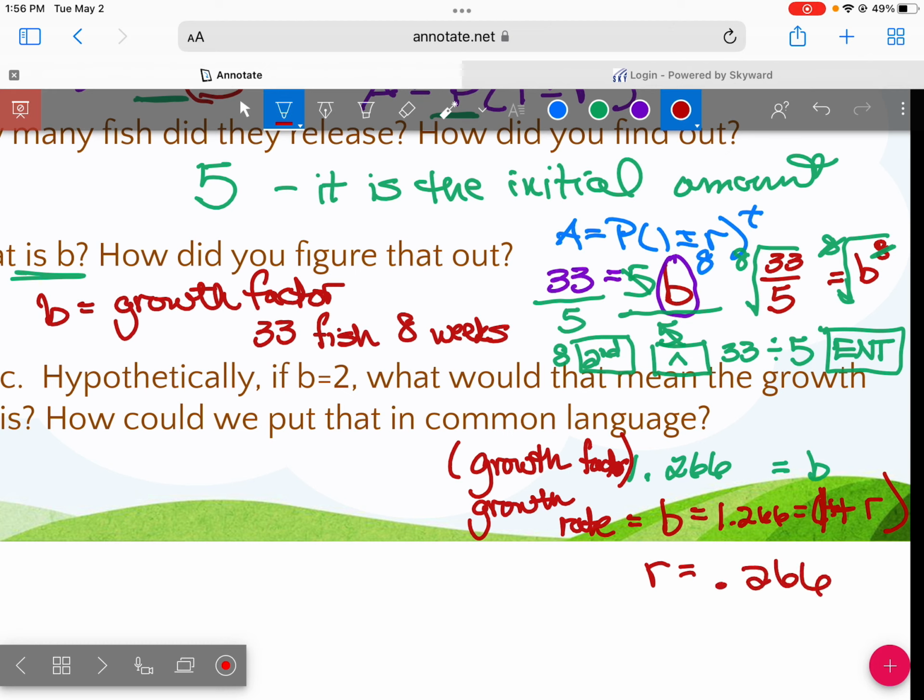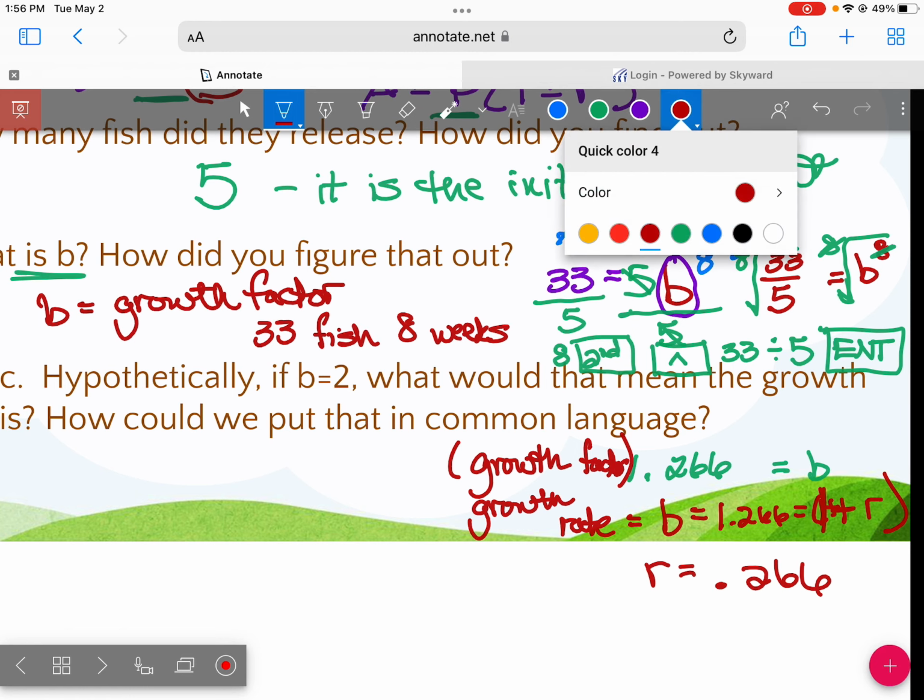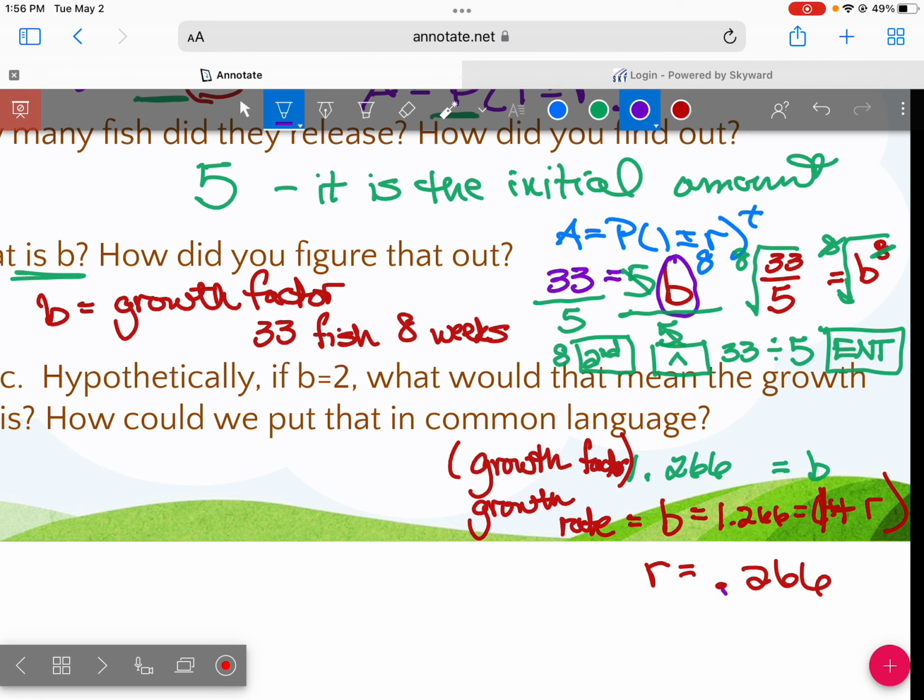Right. And that's the decimal amount. How would I change that to a percent? Move it 2 places to the right. So my rate is 26.6%. That is the growth rate.